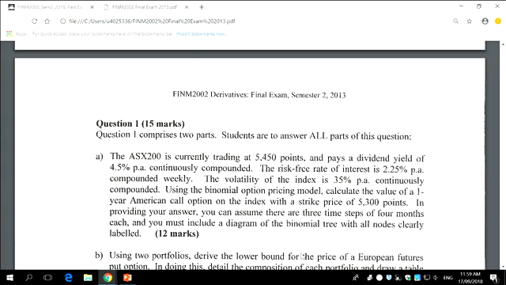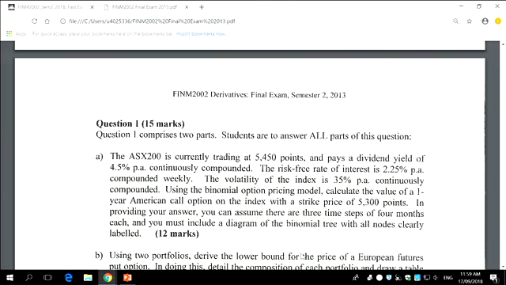The volatility index is 35% per annum, continuously compounded. Using the binomial option pricing model, calculate the value of a one-year American call option on the index with a strike price of 5,300 points. In providing your answer, you can assume there are 3 time steps of 4 months each, and you must include a diagram of the binomial tree with all nodes clearly labelled.